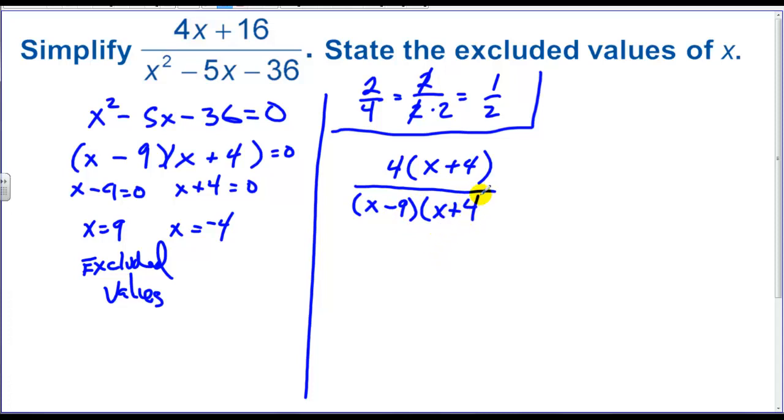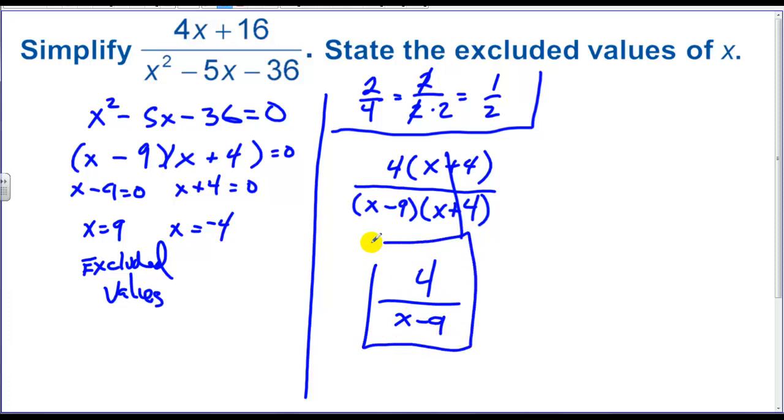We've already said that any factor divided by itself is equal to 1. So these reduce, and I'm left with 4 over x minus 9 as my simplified fraction, with the excluded values of x equaling 9 or -4.